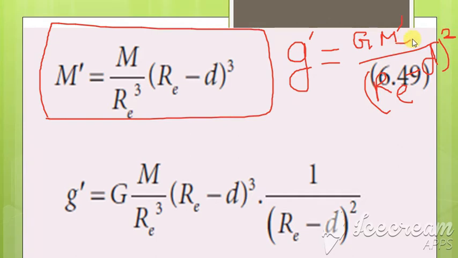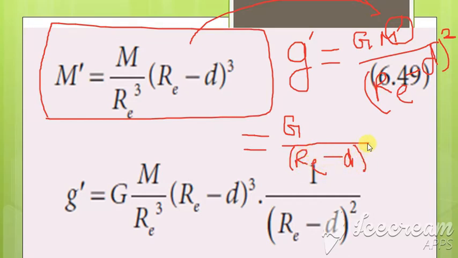Now this value of m dash, we are going to substitute in this place, so we get G as it is, divided by Re minus d the whole square as it is. Then m dash is m divided by Re cube into Re minus d the whole cube.